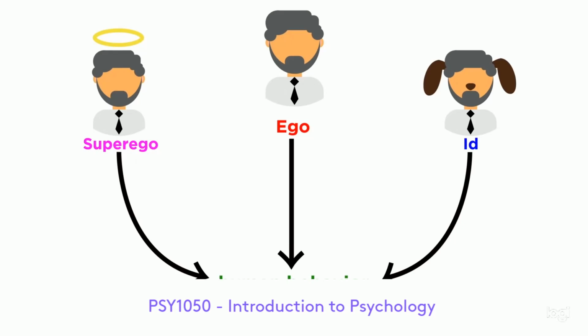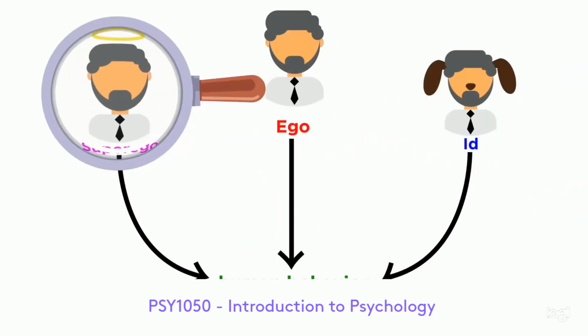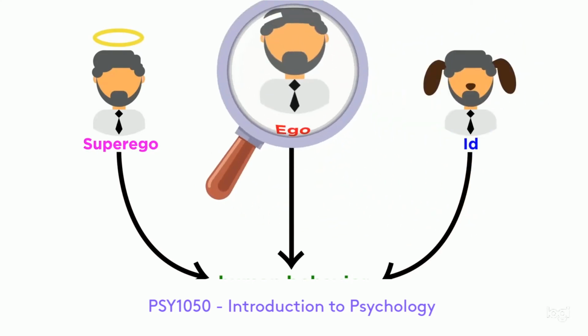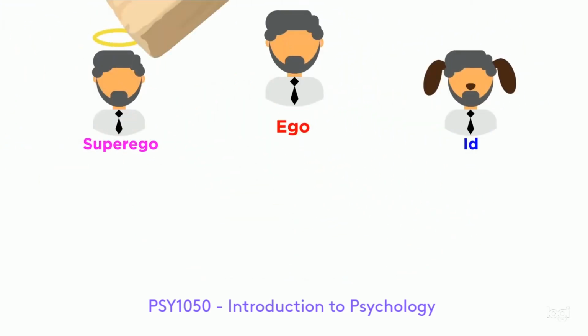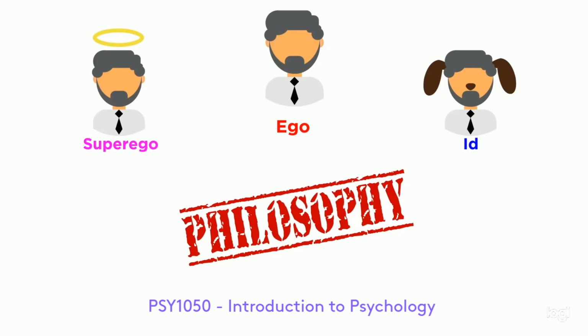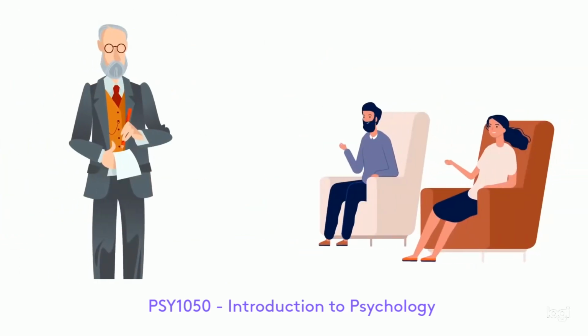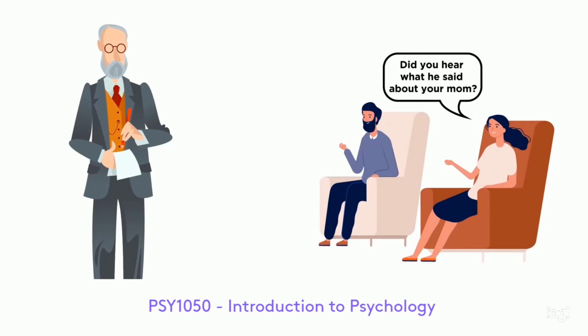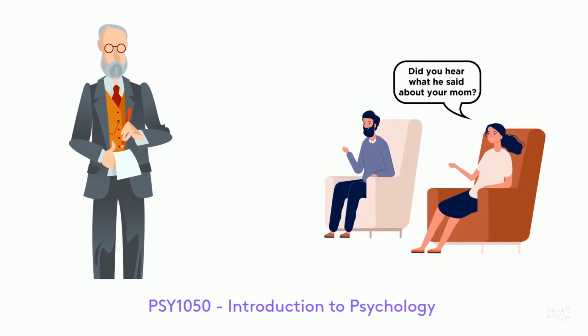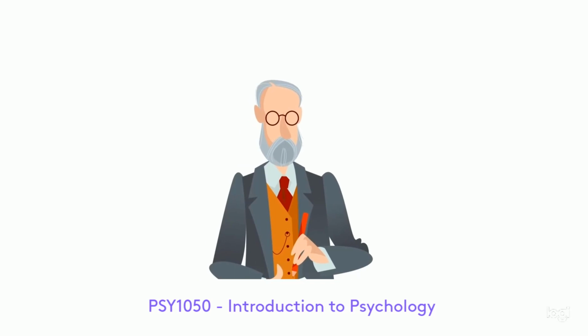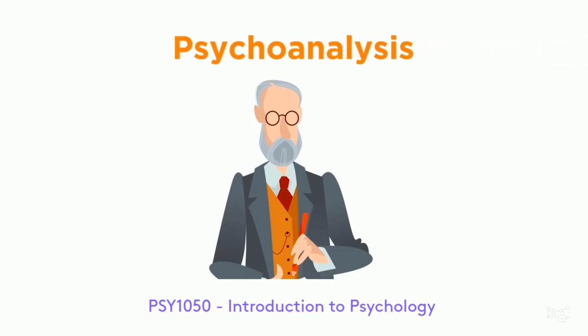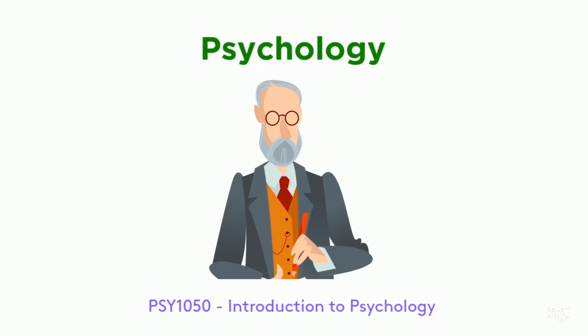Unfortunately for Freud, the id, ego, and superego are unobservable and cannot be tested scientifically, making this theory more philosophy than psychology. Very few modern psychologists fully subscribe to Freudian principles any longer, particularly his theory regarding psychosexual stages, but he was incredibly influential in the development of psychoanalysis as well as the field of psychology itself, and we will circle back to go deeper with Freud's work later in the series.